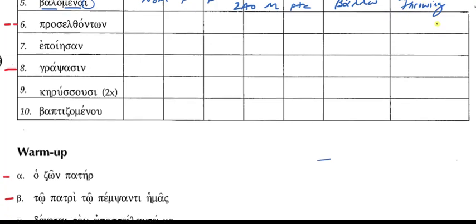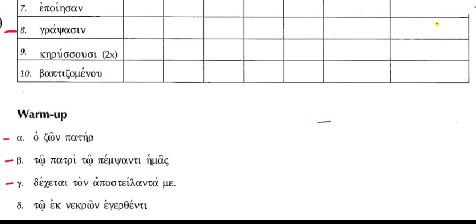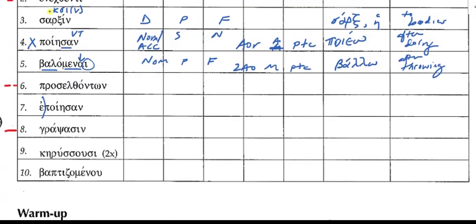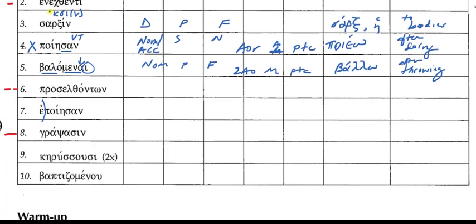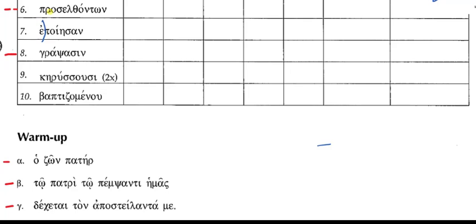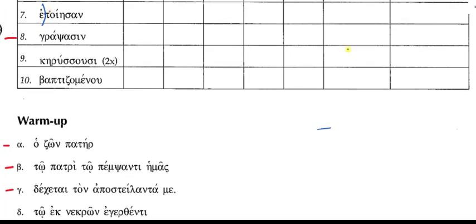Real quickly, number 7 is epoiesan. Is that a participle? How do you know that's not a participle? It is augmented. So let's compare that with poiesan. See the difference there? Okay, so this must be what? Aorist. Is it active?